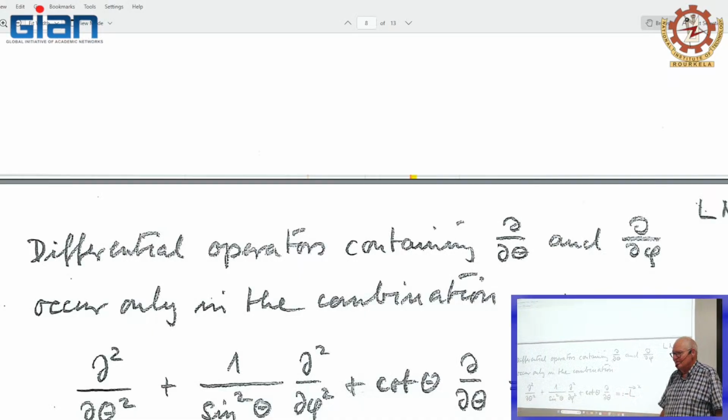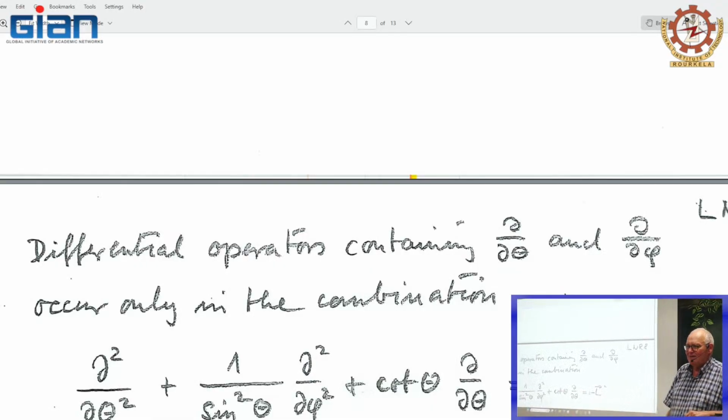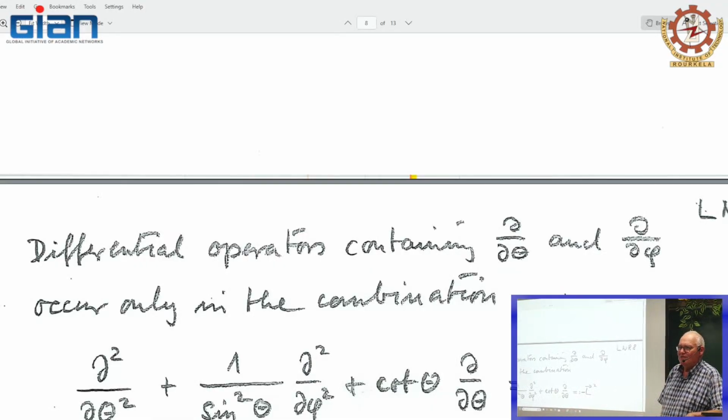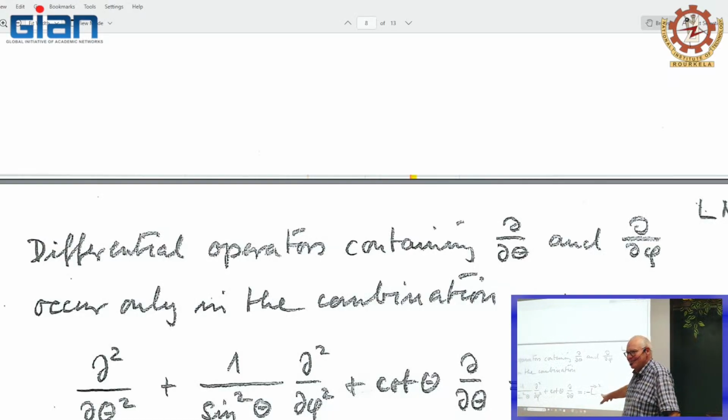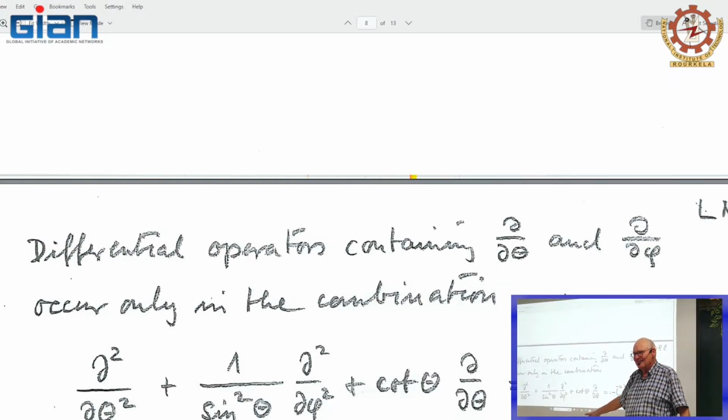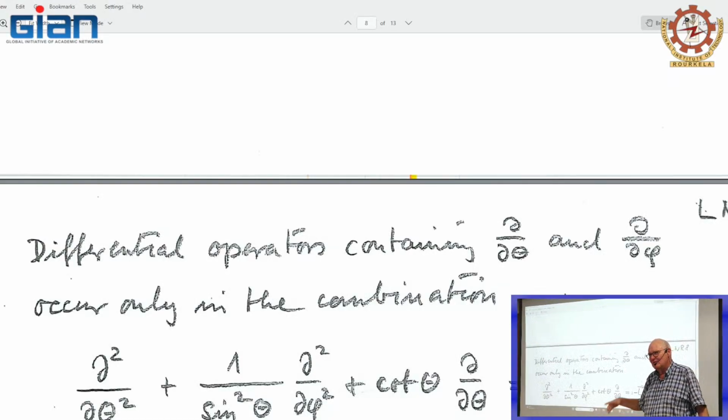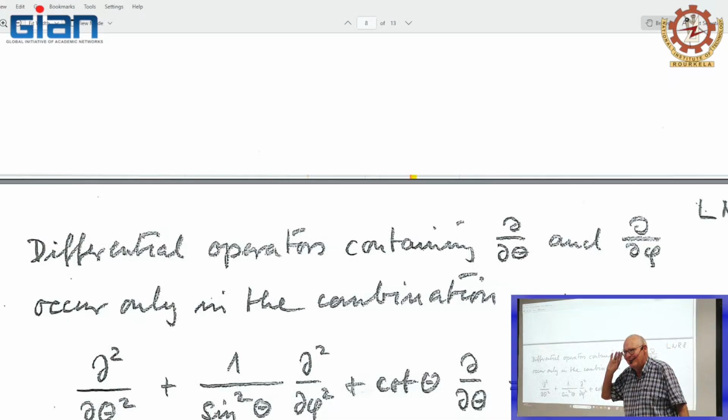And maybe with this notation, you may be already suspecting what this operator might be interpreted as. Do you know this operator L squared? Remember quantum mechanics? Does anybody? What? Pardon?